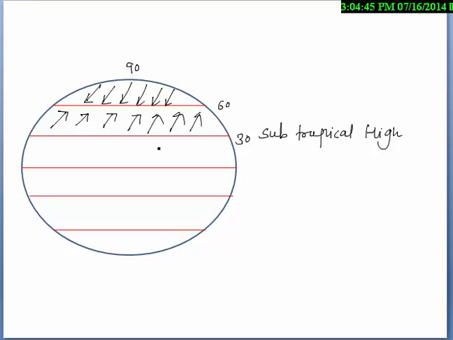Now try and understand the characteristics of both winds, polar winds as well as subtropical winds. Subtropical winds are coming from 30 degree, which is a tropical pressure. What should be the characteristics of this kind of winds? First, they will be light in weight, carrying less moisture.